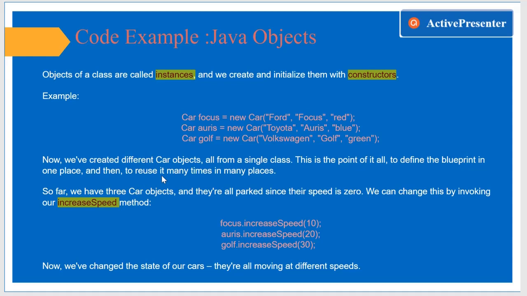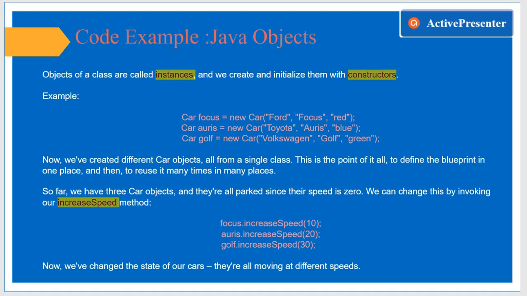We have created the blueprint of car, then we create many different cars from that blueprint. So far we have three car objects and they are all parked since their speed is 0.